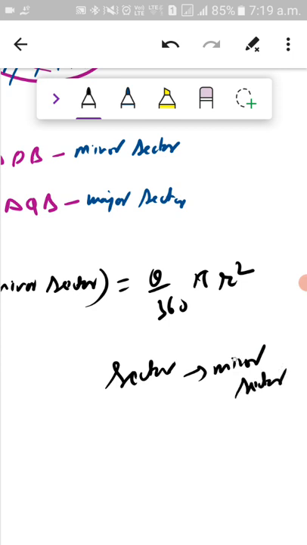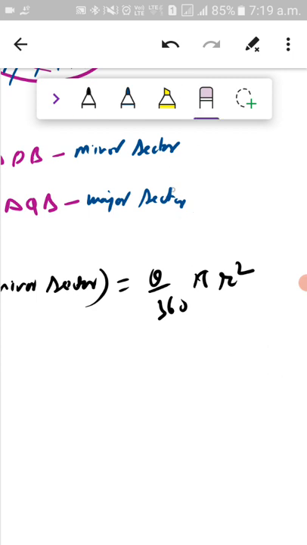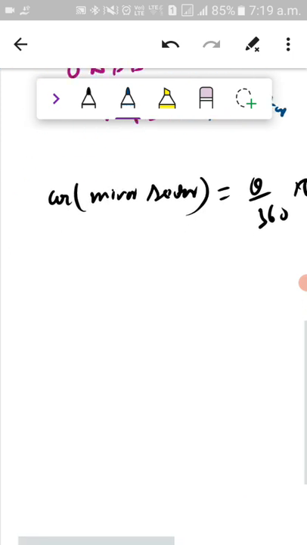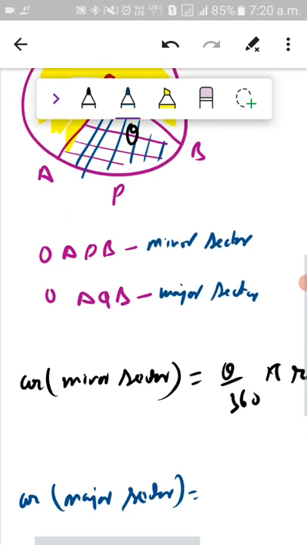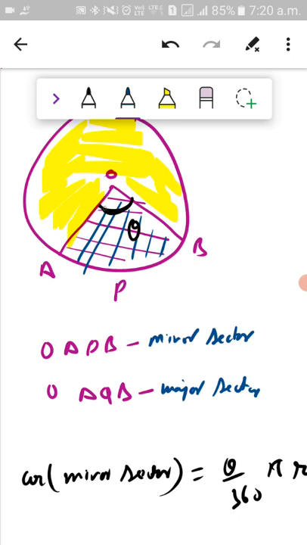Then the area of the major sector. In the figure, this is theta, so this angle will be 360 minus theta, and we are going to find the area of this region, that is the major sector.